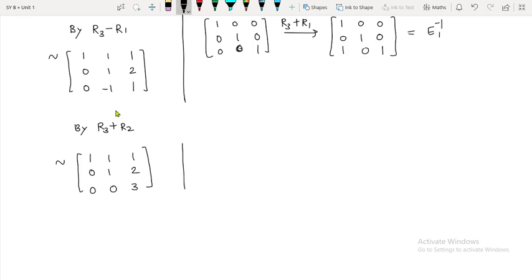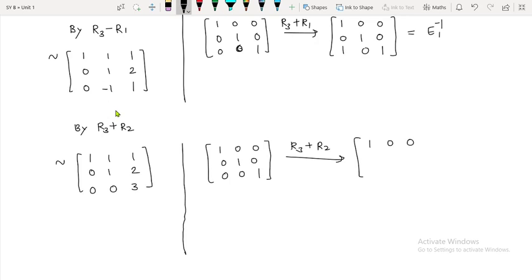Now the corresponding elementary matrix will be from 1 0 0, 0 1 0, 0 0 1. Now we are performing R3 plus R2, so we get 1 0 0, 0 1 0, and R3 plus R2 gives 0 1 1. Is that okay? Yes, seems to be right.